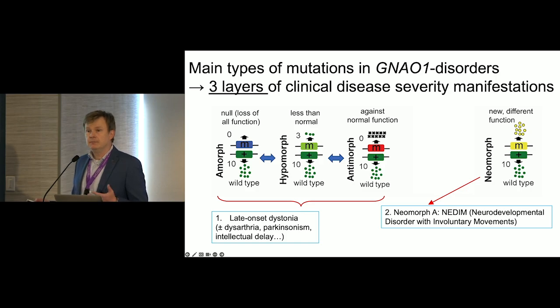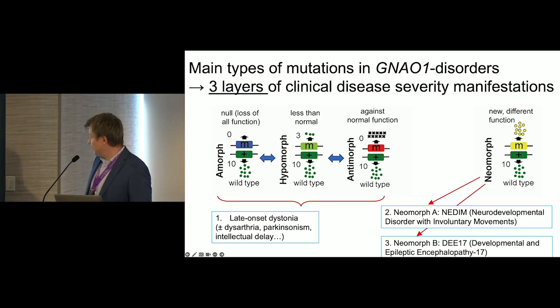And then there are stronger mutations, which, as I will show you, are neomorphs of 2 different types. There is neomorph A leading to NEDIM, which is the severe movement disorder without epilepsy, and neomorph B, which is DEE17, developmental and epileptic encephalopathy.